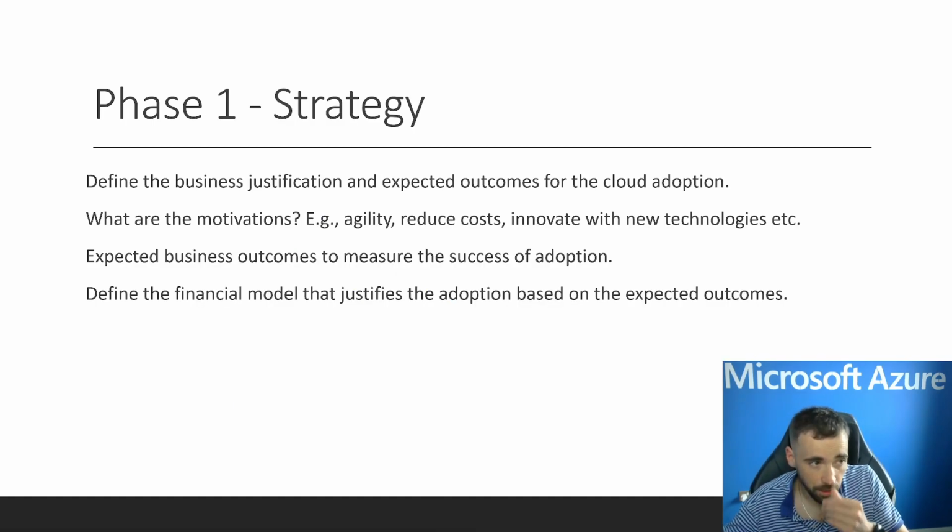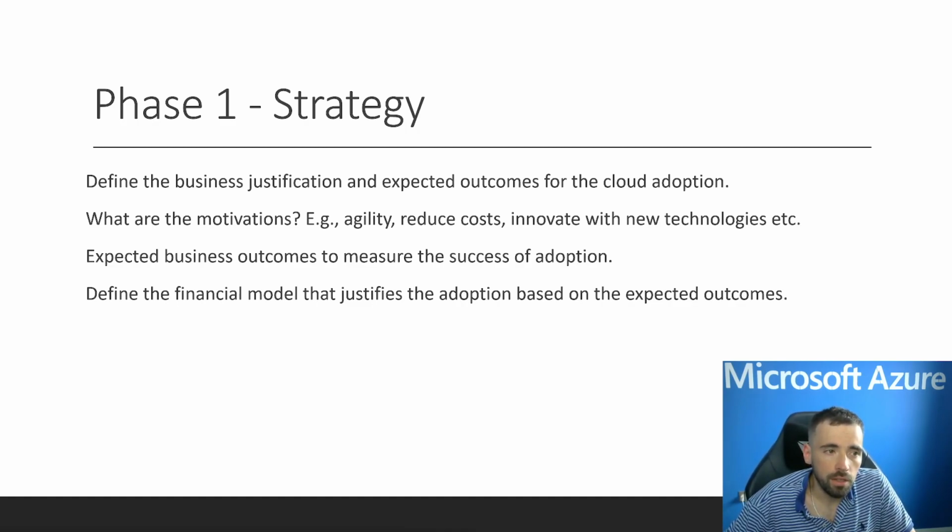So phase one is strategy, and this is about defining your business justification and what the expected outcomes are from your cloud adoption. So this phase is very business orientated. We need to understand what are the motivations from the business and what are the expected outcomes.